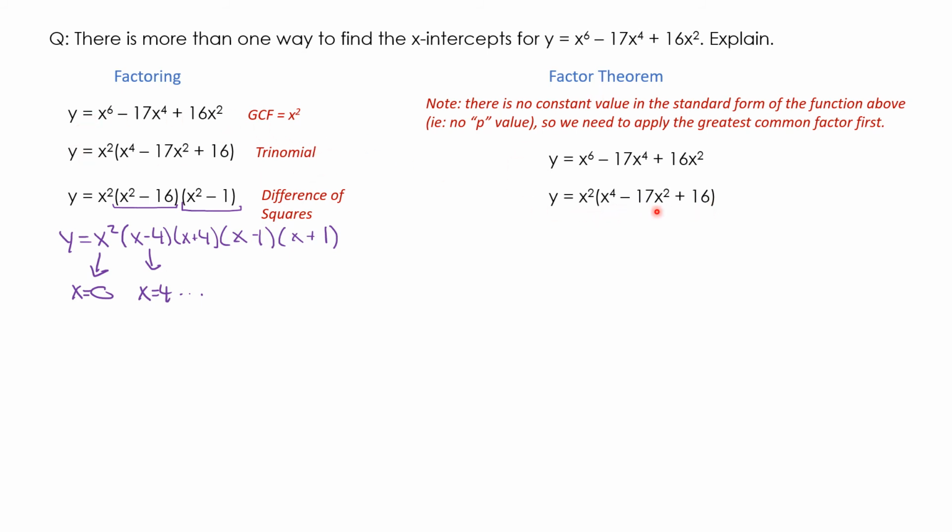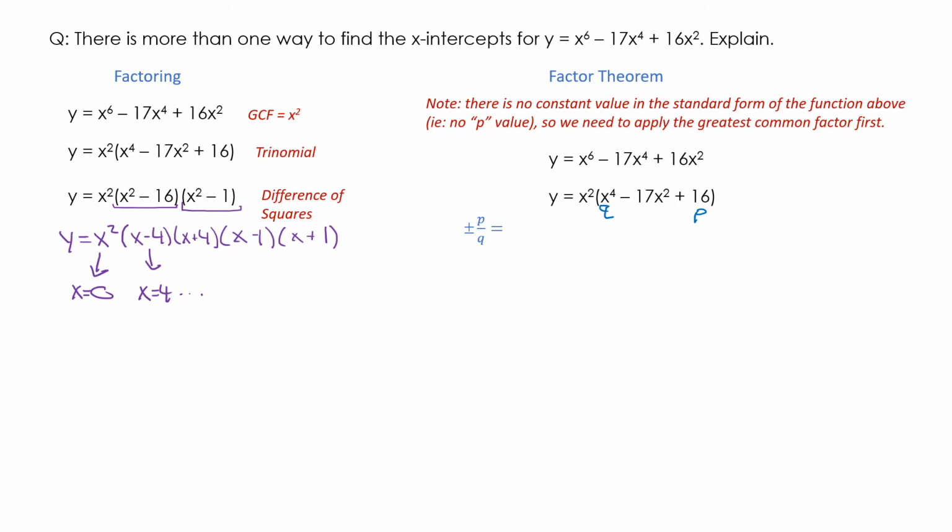Looking at the factor theorem and this trinomial, we want to list all the plus or minus p over q possibilities for 16. Again, the question says explain, so we don't have to do it. I'll just do a little bit of work here. This is our p here, and this is our q. Nice that our q is a 1.